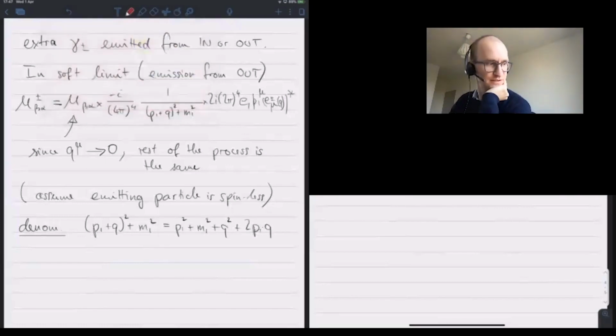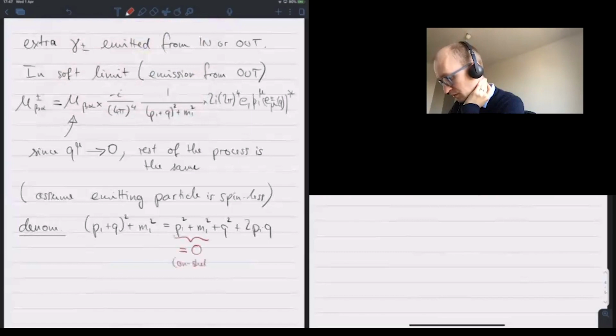The important thing to realize is that P1 squared plus M1 squared is equal to 0, because the outgoing particle goes on shell. The same is true about the photon, so Q squared also is equal to 0. It's a null particle.